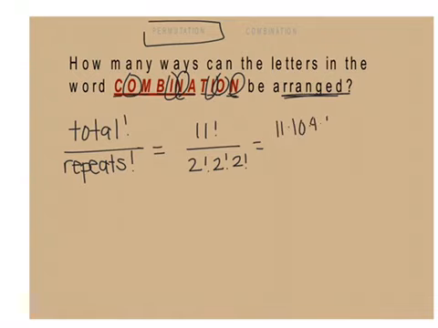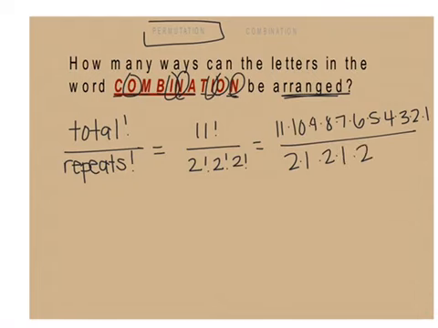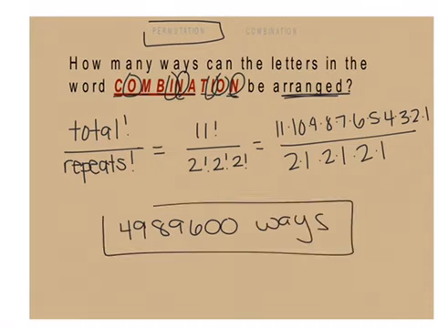Plug that all into your calculator, get your answer. You should have 4,989,600 different ways that we can arrange the word combination.